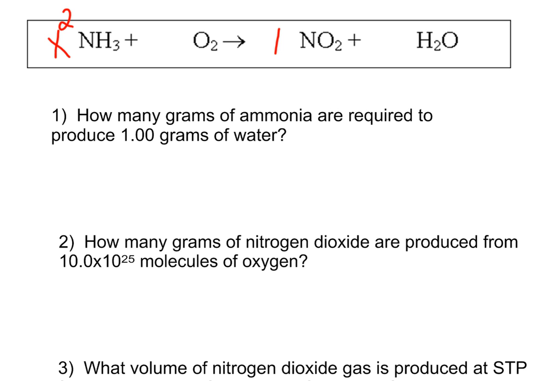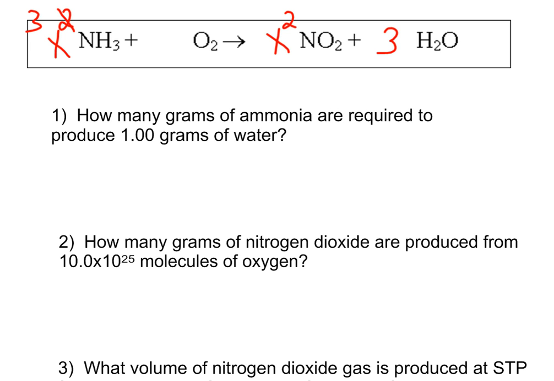Now I have 6 hydrogen on the left, so if I put a 3 here, that gives me 6 on the right. And now I can look at my oxygens. I have 4 oxygens in the NO2 part, and I have 3 in the water part, which gives me 7. And I run into another odd even problem, so I'm going to have to multiply again. But this should be, oops, excuse me, this should be it.